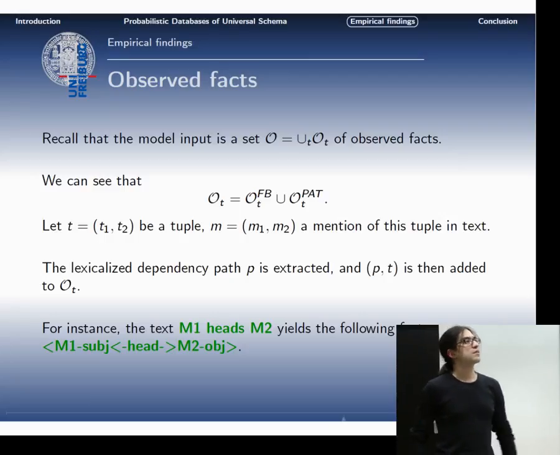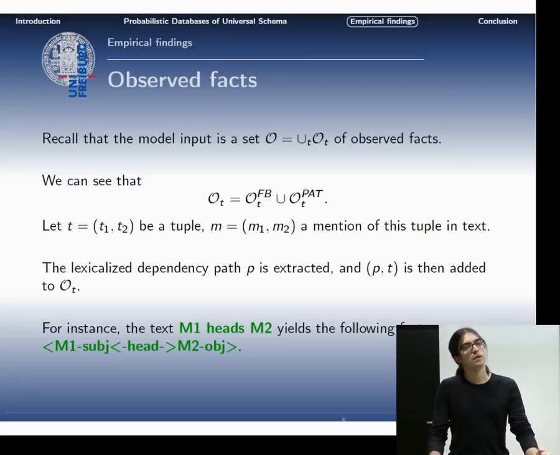Yes, this basically is done to reduce the unstructured text to a form that is comparable to the database schema that is already existing in Freebase in this case, which means for a sentence like M1 heads M2, we need to extract this.